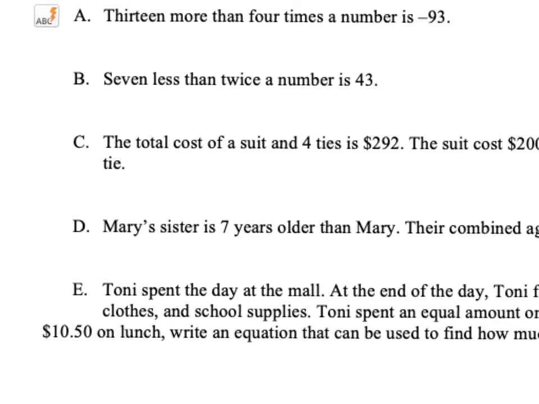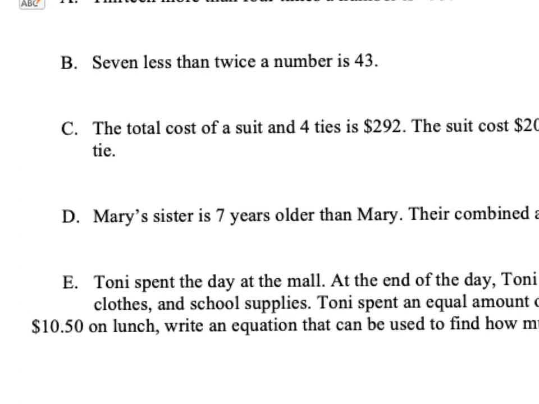7 less than twice a number is 43. Remember, we read is as equals. Now, remember what I told you as well, that less than and more than are turnaround words. So we switch the order of what is on either side of that phrase. So let's break this down a little bit.